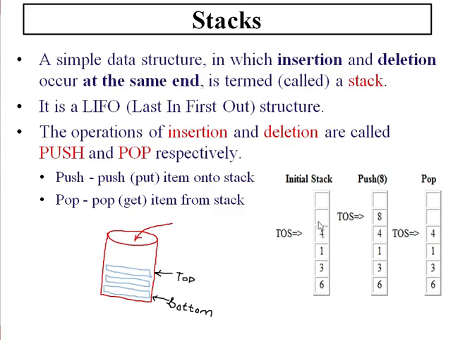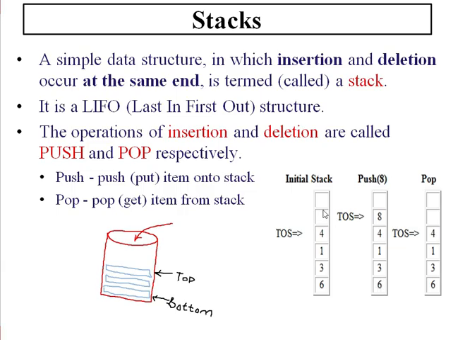For example, we first added 6, and this is the bottom, and next we added 3, the next is 1 and 4. The last item that is added will be the top of the stack, and the bottom of the stack is 6.